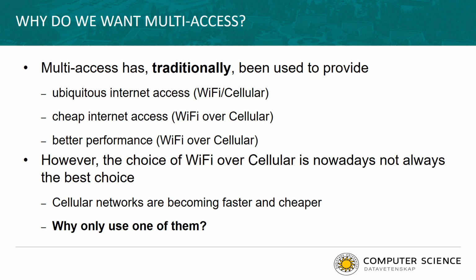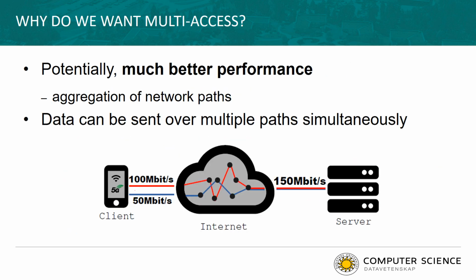But if we have two connections available, two possibilities to communicate over two interfaces, why only use one of them at a time? We may also use both of them simultaneously in different ways. And this is what the multi-access solutions provide.